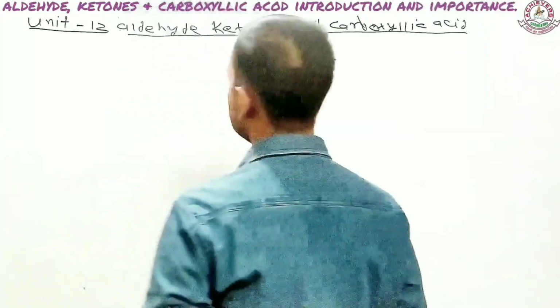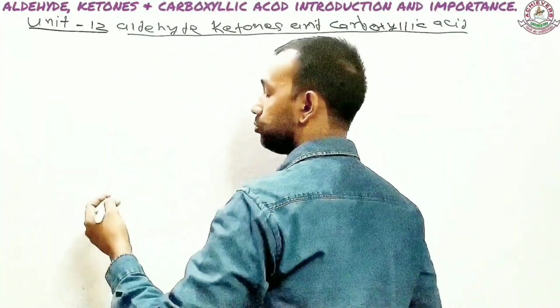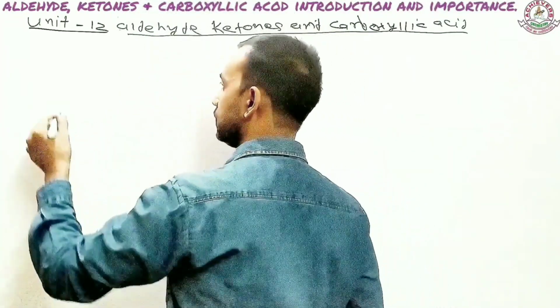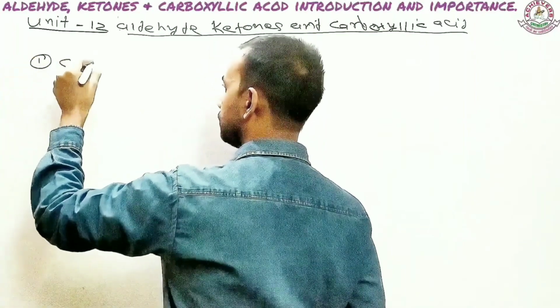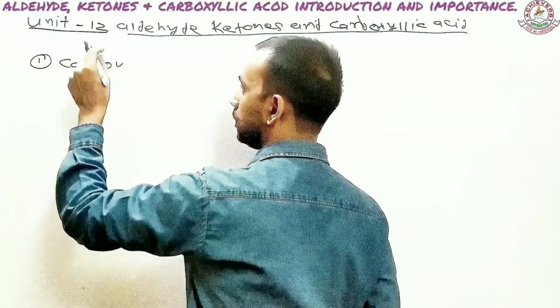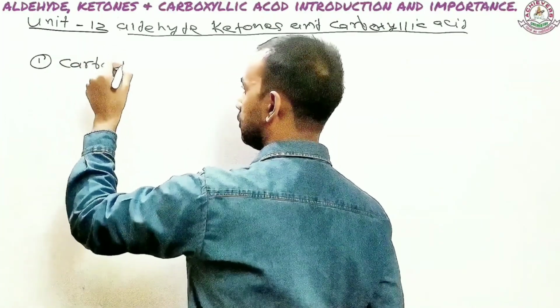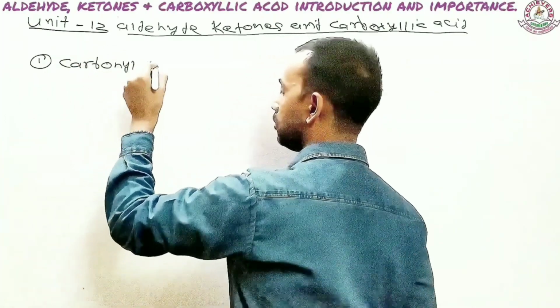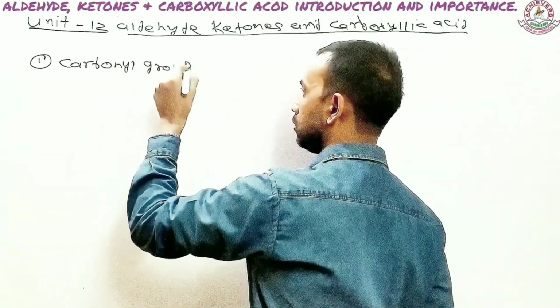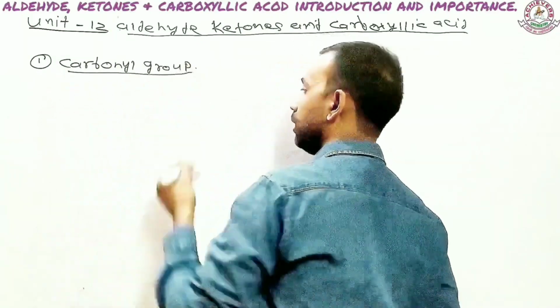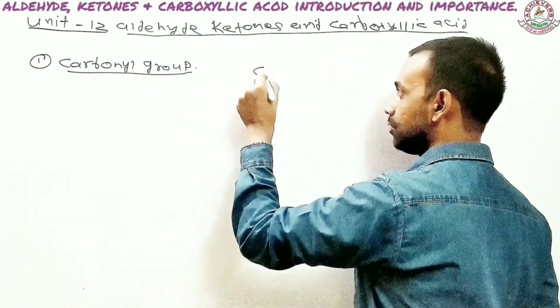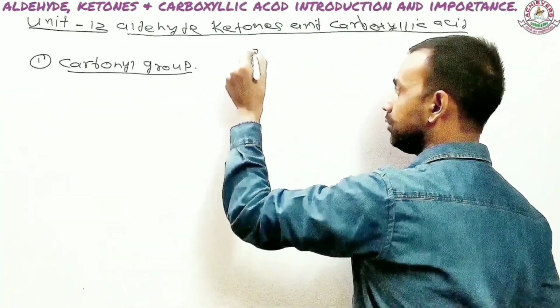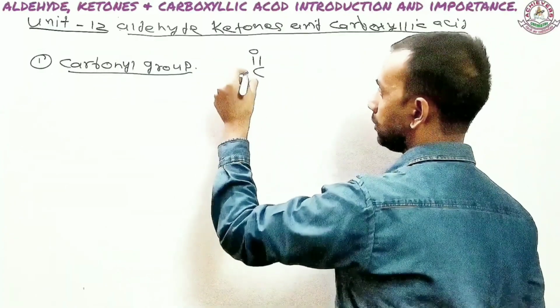Now the very important and very first thing you need to know is what is a carbonyl group. A carbonyl group is C bonded with oxygen through a double bond.